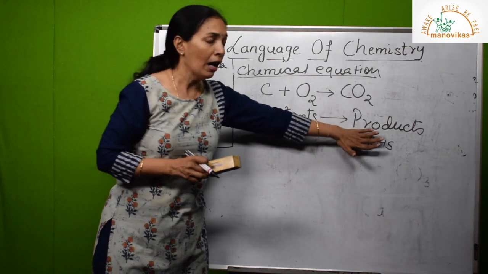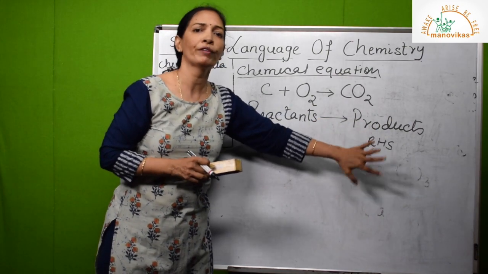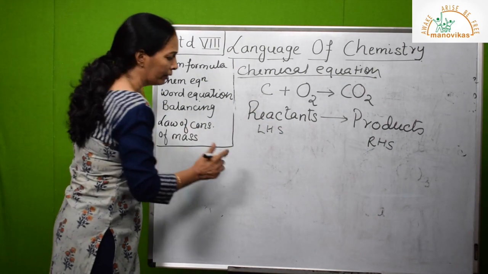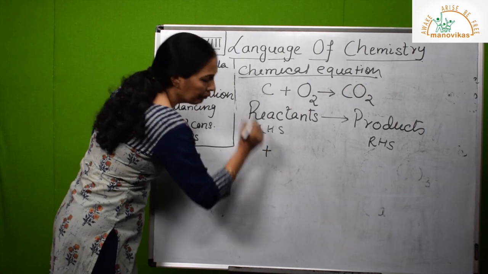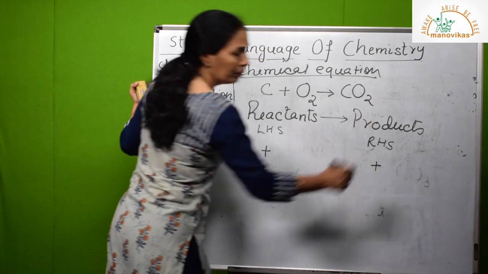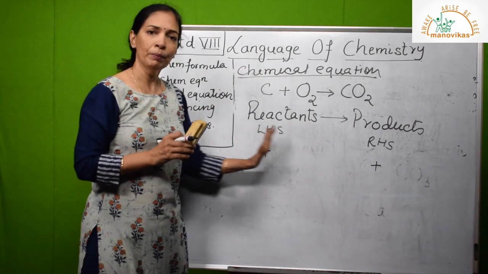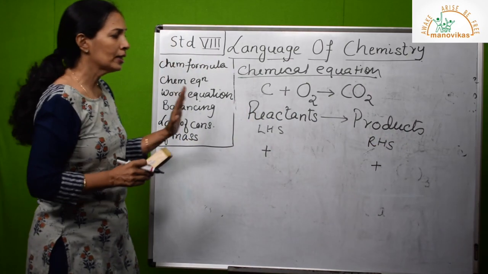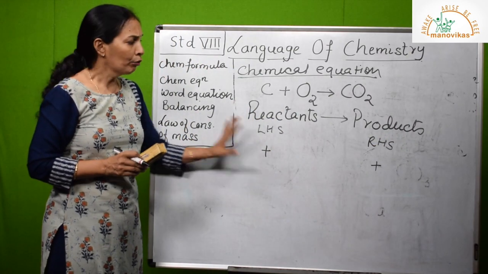And products are formed as a result of the chemical reaction. Now if the reactants are more than one, then we separate them with the help of a plus sign. Similarly, the products are separated by a plus sign. So reactant plus reactant is equal to product plus product. Okay, this is how we write a chemical equation.